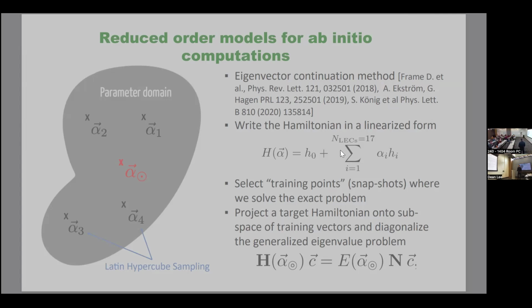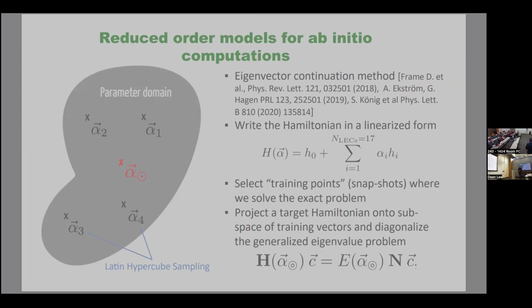You can write your Hamiltonian in this linearized form, where these are the Lorentz constants, for example. And you select from this parameter domain certain snapshots or training points where you perform a full exact coupled cluster calculation, for example. And then you project a target Hamiltonian onto that subspace of training vectors.